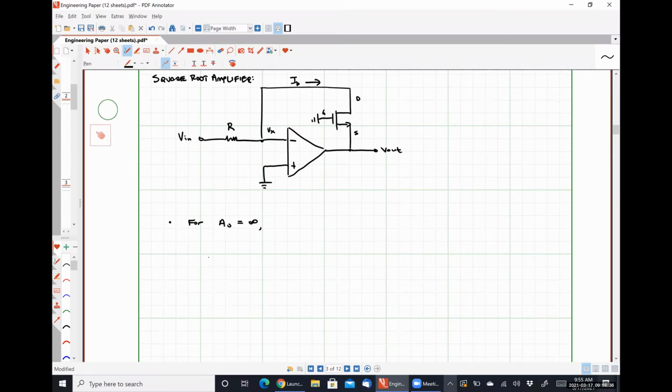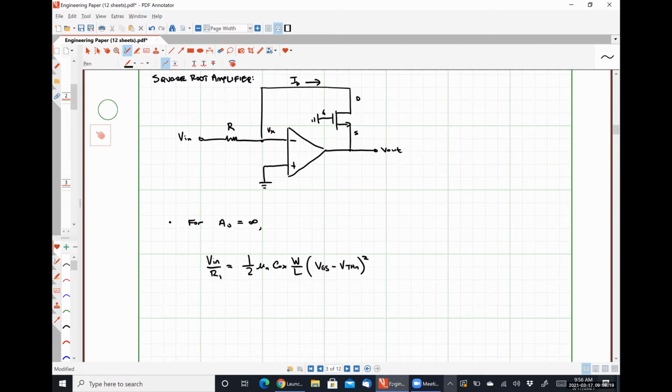We are going to see that our current Vn over R1 has to equal our drain current of 1/2 mu n Cox W over L times VGS minus VTHN quantity squared. And we're going to ignore channel length modulation because, well, it's just going to make the math really, really hard. So I don't want to do it. That's the short answer. It's just going to make it awful.